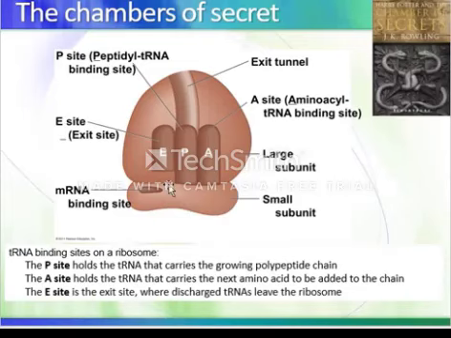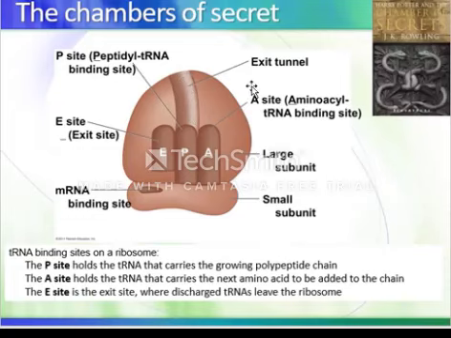Also, we have the E, P, and A sites. A is the site for the amino acid tRNA binding. P is the site for polypeptide tRNA binding. And E is the site for the exit of the tRNA. And here also we have a channel for the exit of the synthesized polypeptide.